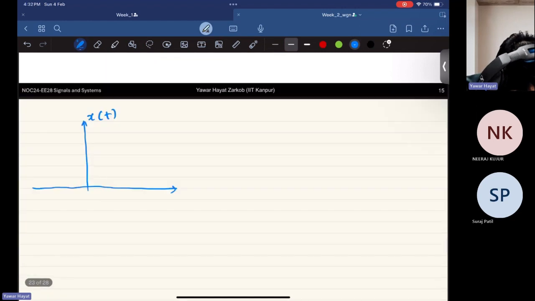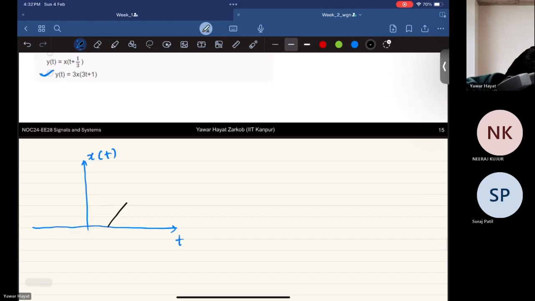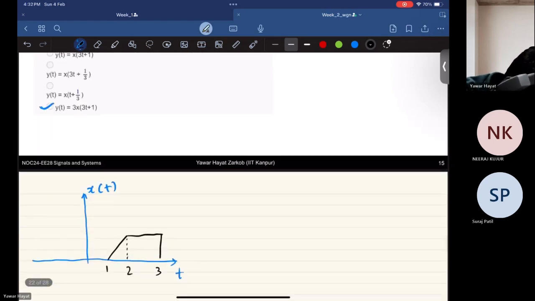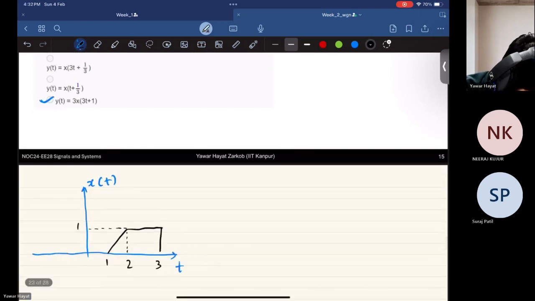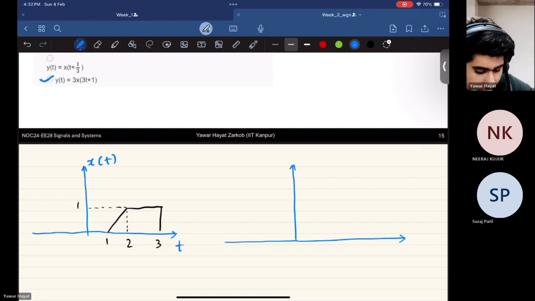This was x of t and this was t. So which operation should we perform first on the signal? We should advance it, right?